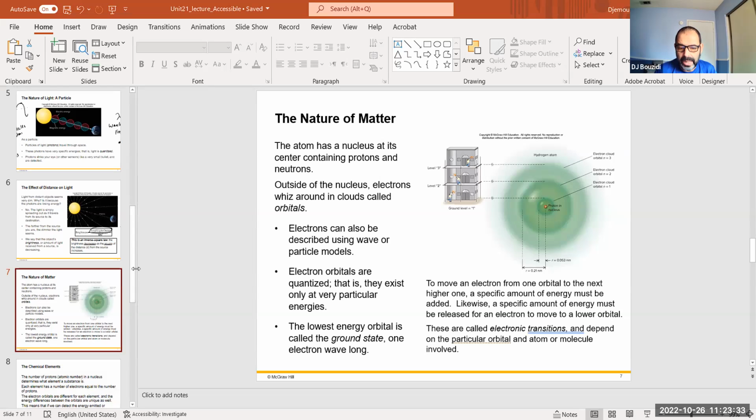So again, when light hits an atom, atoms absorb energy. Atoms, basically, I mentioned before: you have a nucleus made up of a lot of particles. Some of them are positive, some of them are neutral. This is the nucleus, with protons and neutrons. And then you have the electrons. Let's take one electron for my example.